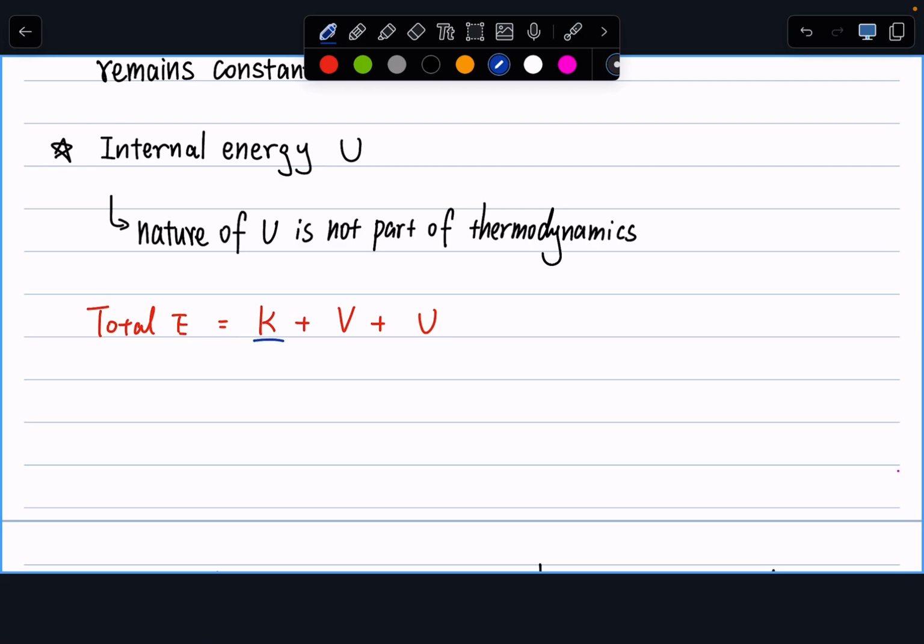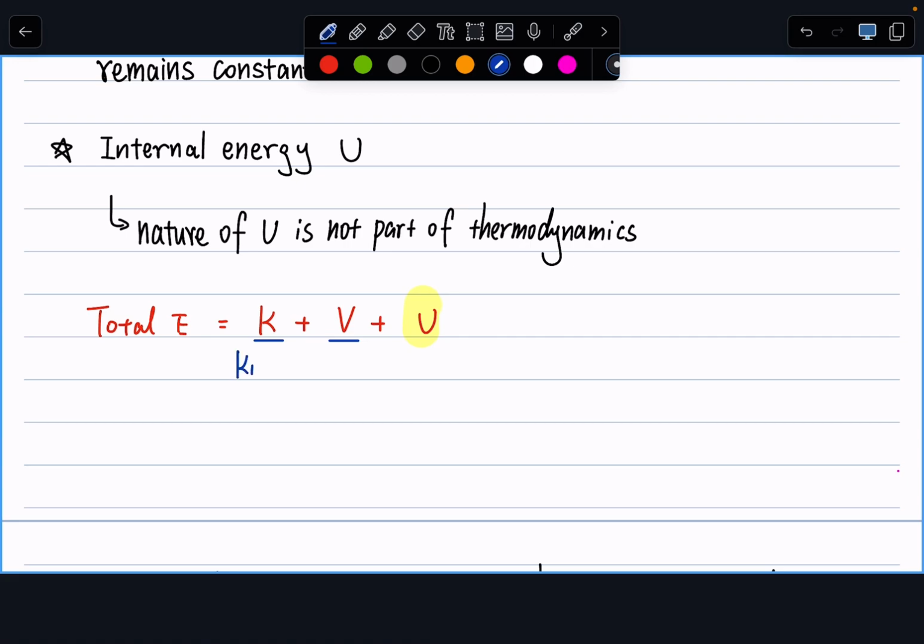Kinetic energy and potential energy are the terms that physicists care more about. We also went over kinetic energy and the definition of potential energy when we discussed classical mechanics. But in thermodynamics, it's more straightforward for us to focus on the physical chemistry nature of materials. So we focus more on internal energy.